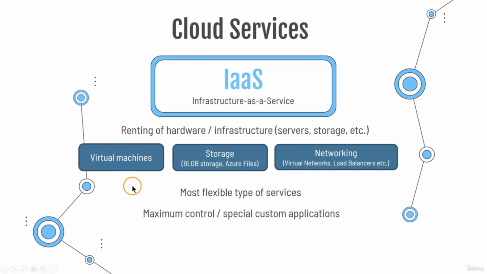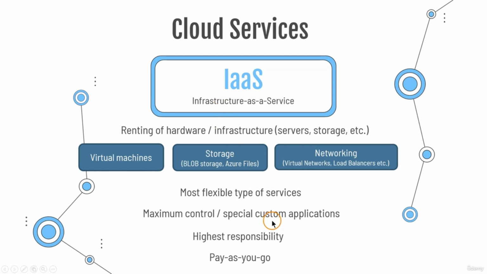Like this, we can set up a virtual machine, install the operating system that we need on it, and get our custom application working. So we have maximum control, but with that also comes, of course, the highest responsibility. We always have a pay-as-you-go model, and this is also true for infrastructure as a service.